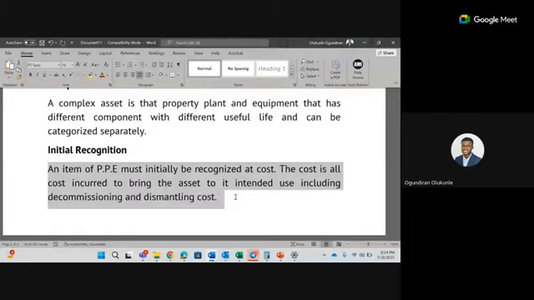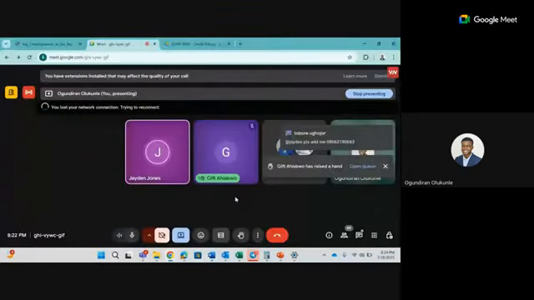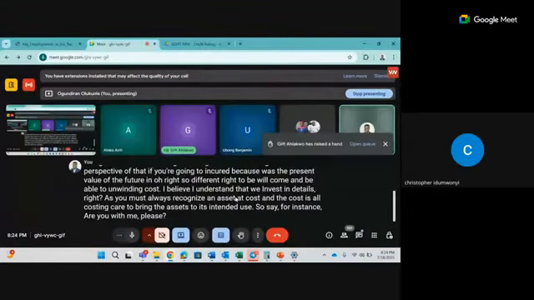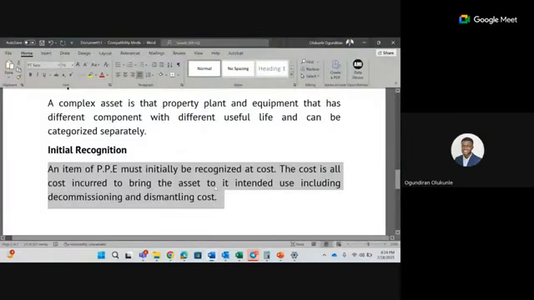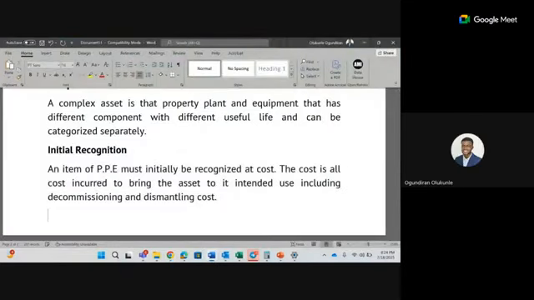So say, for instance, if you buy a motor vehicle, say you bought it for 12 million naira from, say, the US.